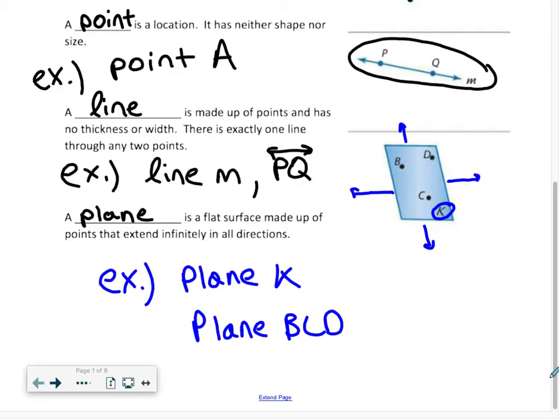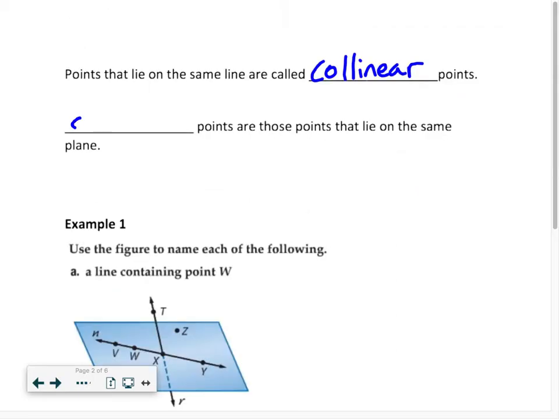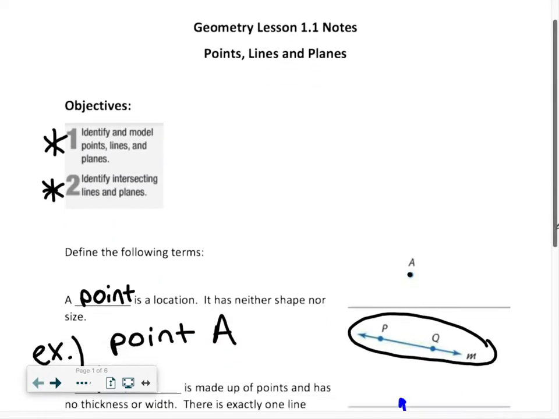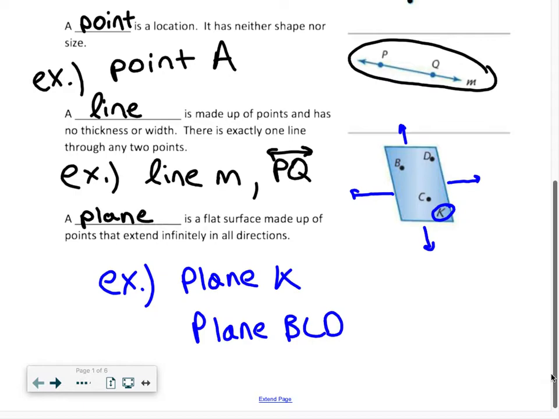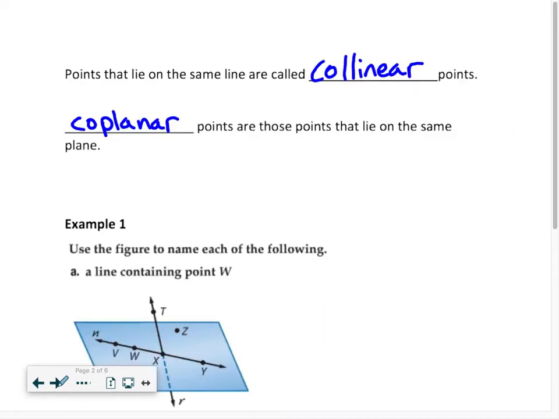The next definition: coplanar points are those points that lie on the same plane. So in that example of a plane we had, we would say that B, C, and D, those 3 points, are all coplanar with each other. They all lie on the same plane.